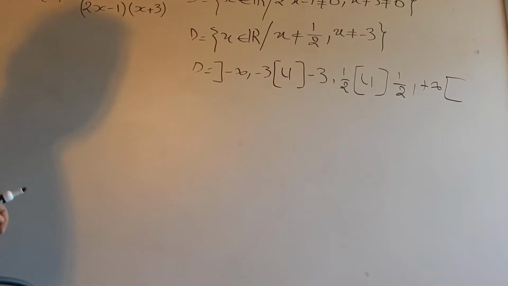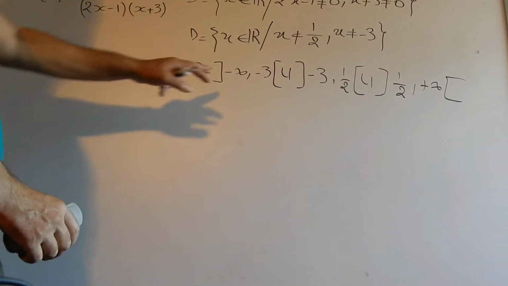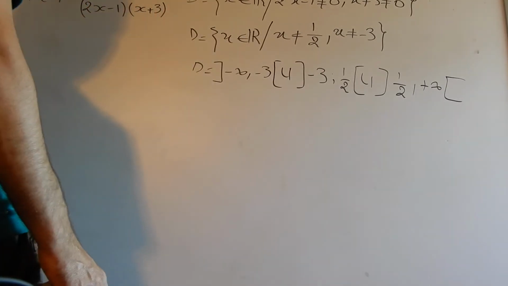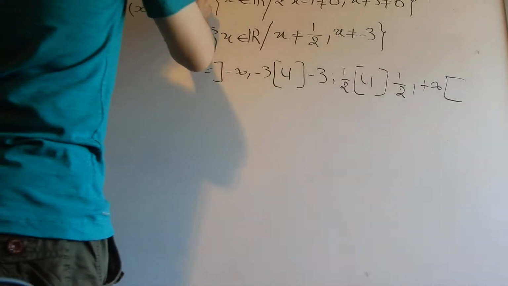So let me write this right there. The domain of this function is minus infinity, minus 3, union minus 3, 1 over 2, union 1 over 2, plus infinity.